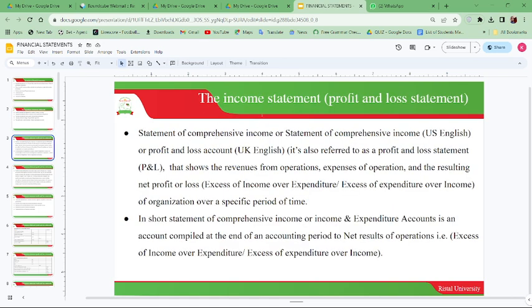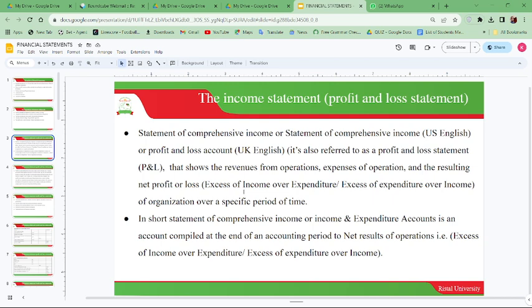So let's look at the income statement. It can be known as the profit or loss account. The statement of comprehensive income, or profit and loss account, is also referred to as the profit and loss statement. It shows the revenue from operations, the expenses of operation, and the resulting net profit or loss.